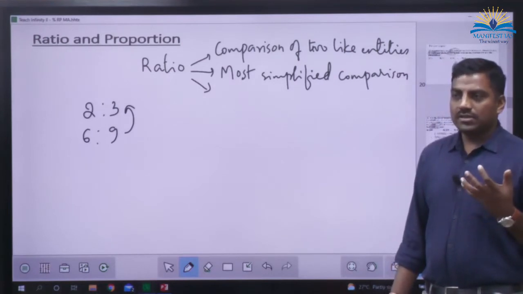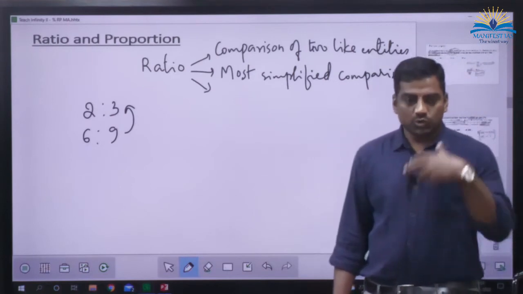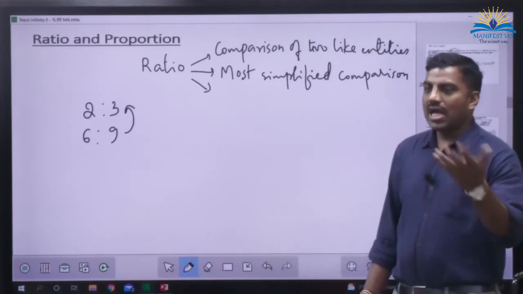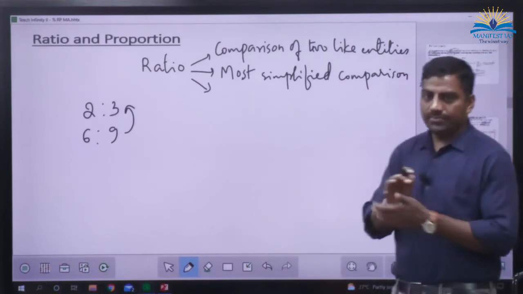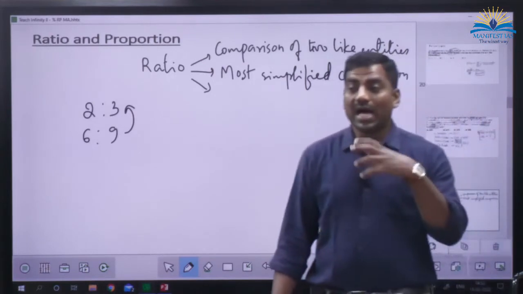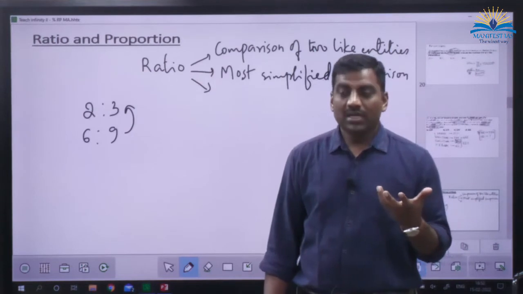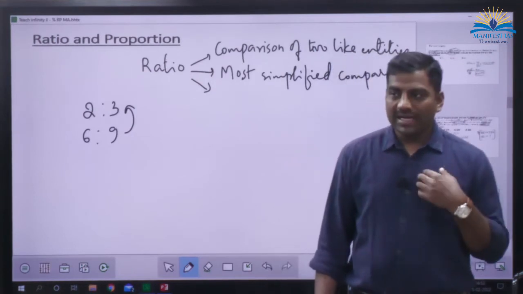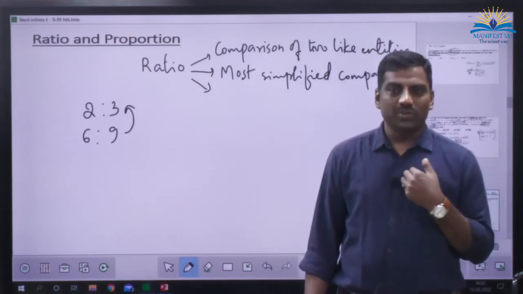My salary to her salary are in the ratio 2:3. When I say my salary and her salary are in the ratio 2:3, does it mean that I get only 2 rupees and she gets only 3 rupees?